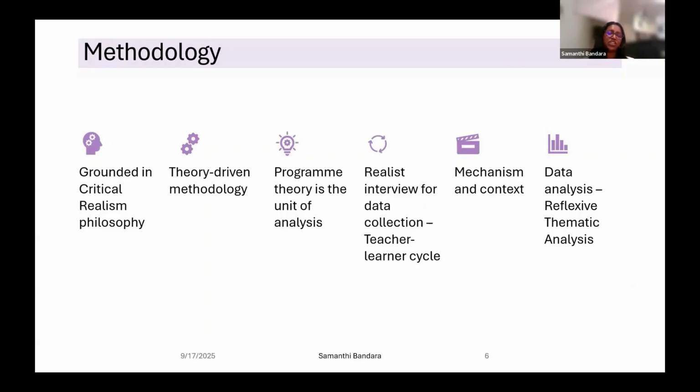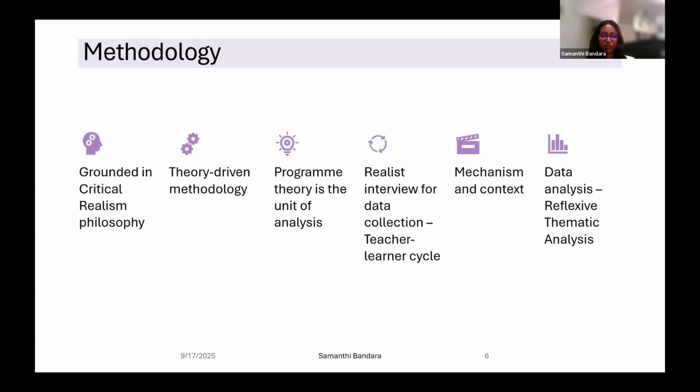So realist evaluation is grounded in the critical realism philosophy. The ontology of this philosophy says that the real world is independent of our knowledge and belief. And the epistemology says that our knowledge is historically situated and subjective to time and context. This methodology is theory driven.